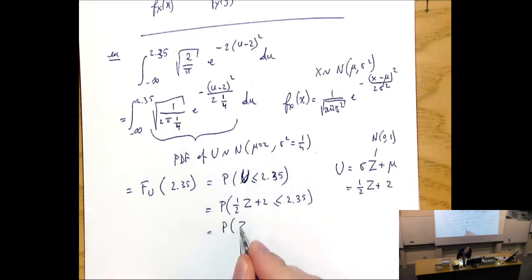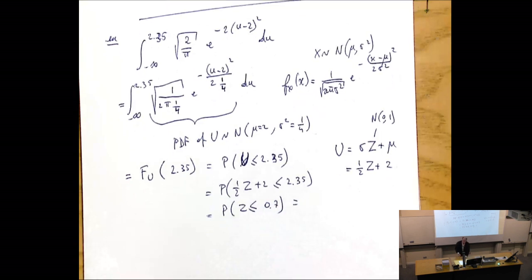This is the probability that z is smaller or equal to 0.7. Okay, so now we can look at the table. Here, for instance, 0.7 is here, and the CDF is there. So you have 0.758.